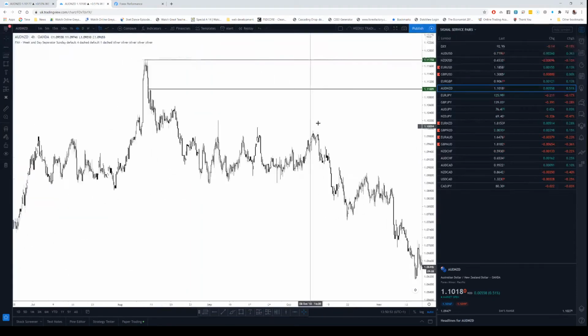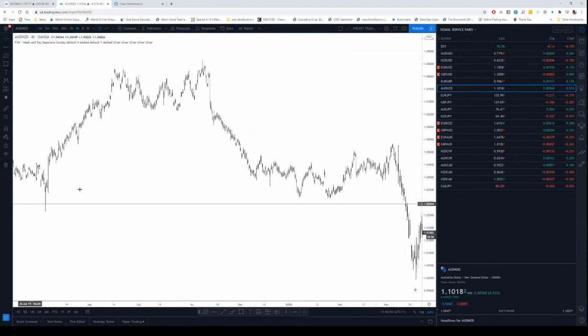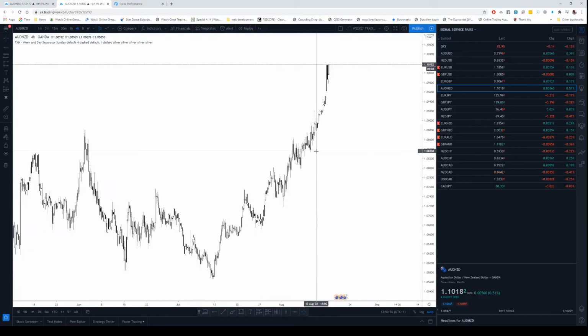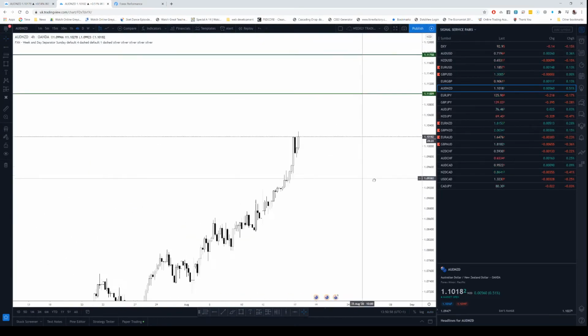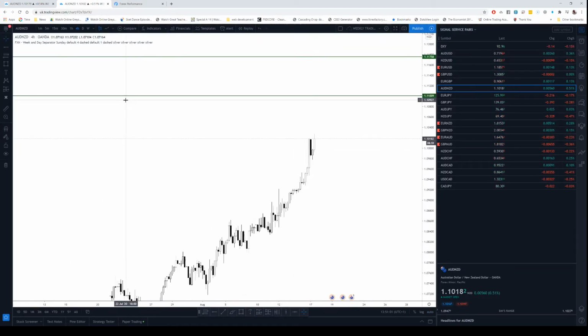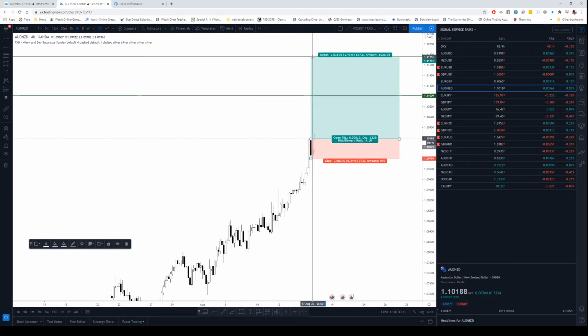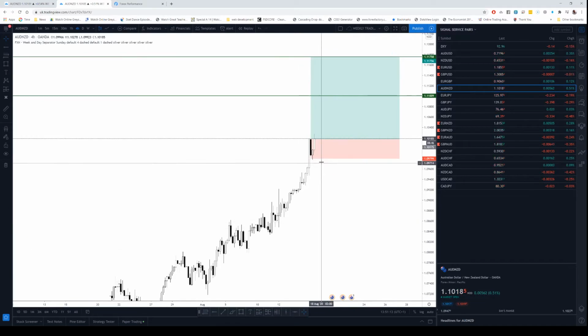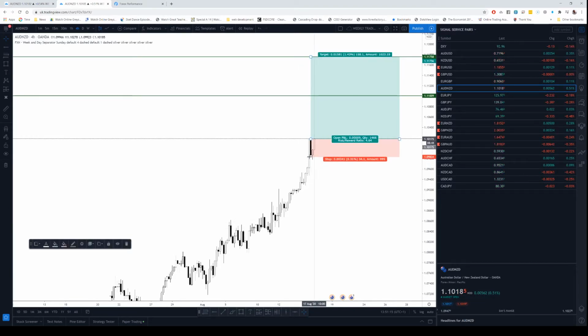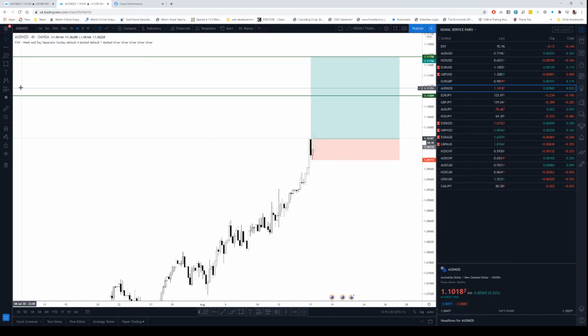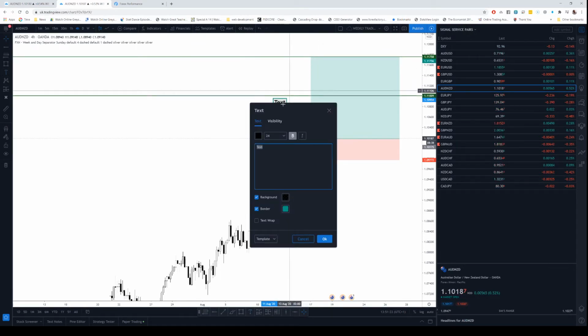So these will be our next upside objectives, with protection below this down candle. Long there, with protection below this down candle, and target that one and then that one.